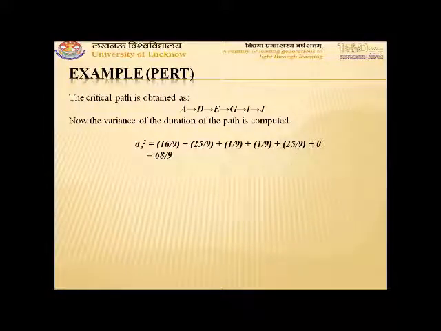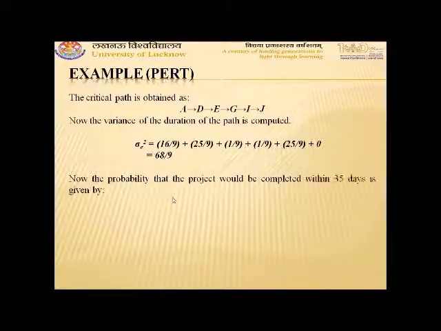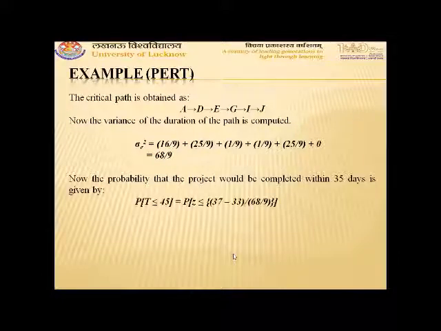Now we have to compute the probability that the project will be completed within 35 days. For this, we use the formula: probability T is less than or equal to TS equals probability Z is less than or equal to (TS minus TE) upon sigma E. Sorry, here by mistake I have written 35 and 45.